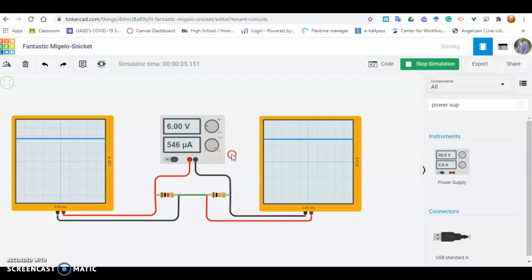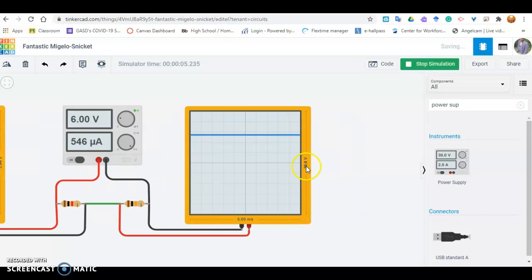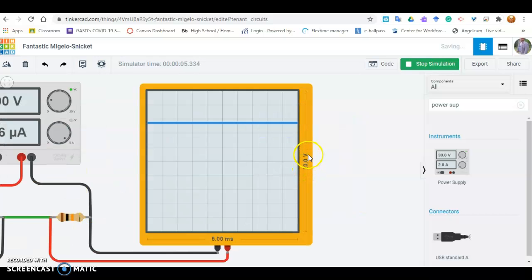When I compare that with this oscilloscope over here, it's a much different look. It says I have 20 volts across these 10 divisions. So if I have 10 squares, 1, 2, 3, 4, 5, 6, 7, 8, 9, 10 squares, and 20 volts total, 20 divided by 10 means each square or division is worth 2 volts.